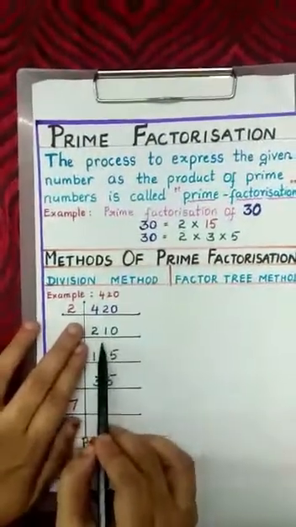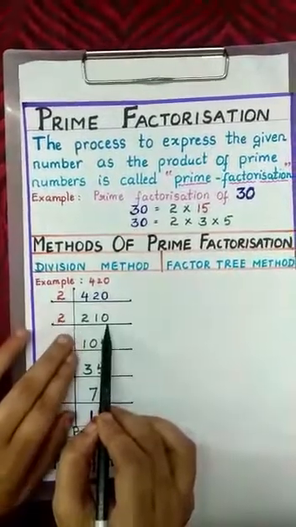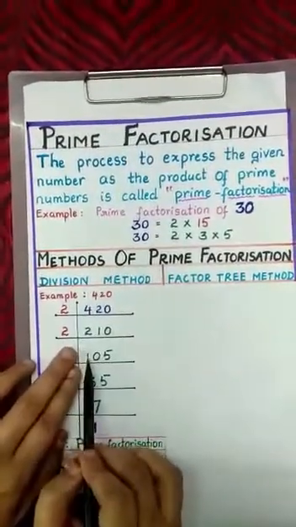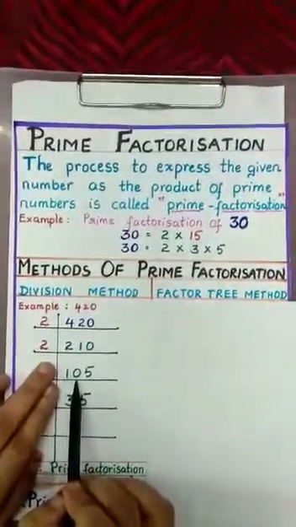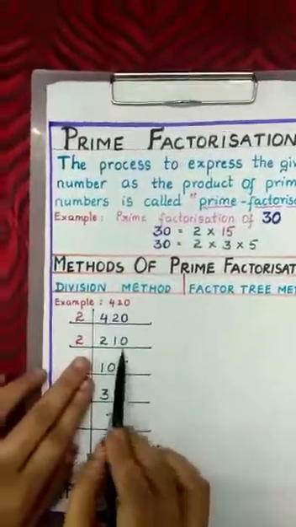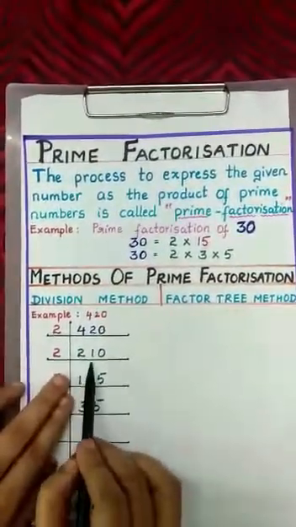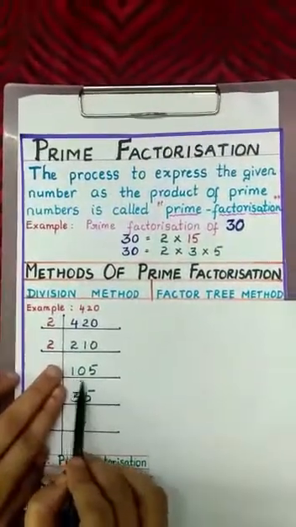Now you observe here 210 is an even number. Again it is divisible by 2. Let us divide by 2 here. 2 ones are 2. 1 is not divisible. 2 zeros 0 and 0 will come. 2 fives are 10. Now here we divide 210 by 2 to get 105. Now this 105 is an odd number.